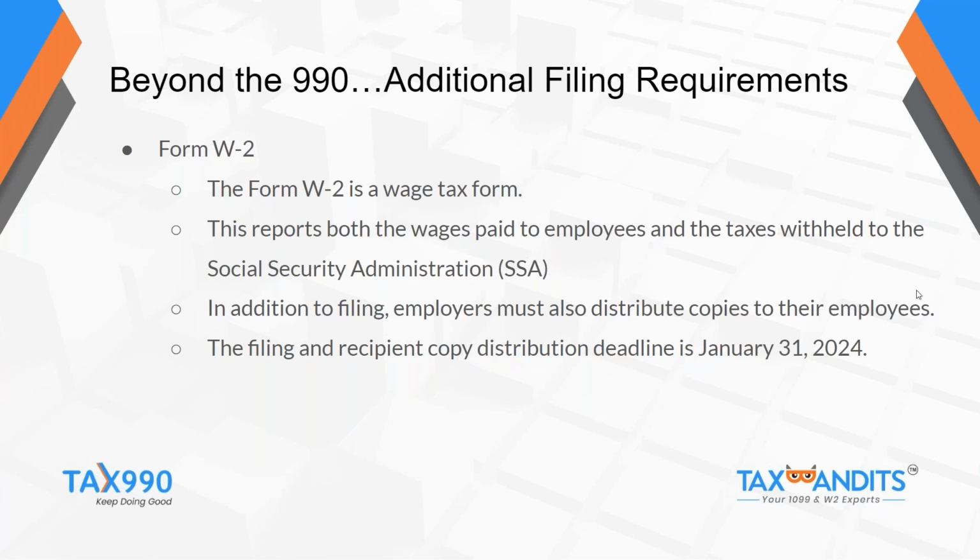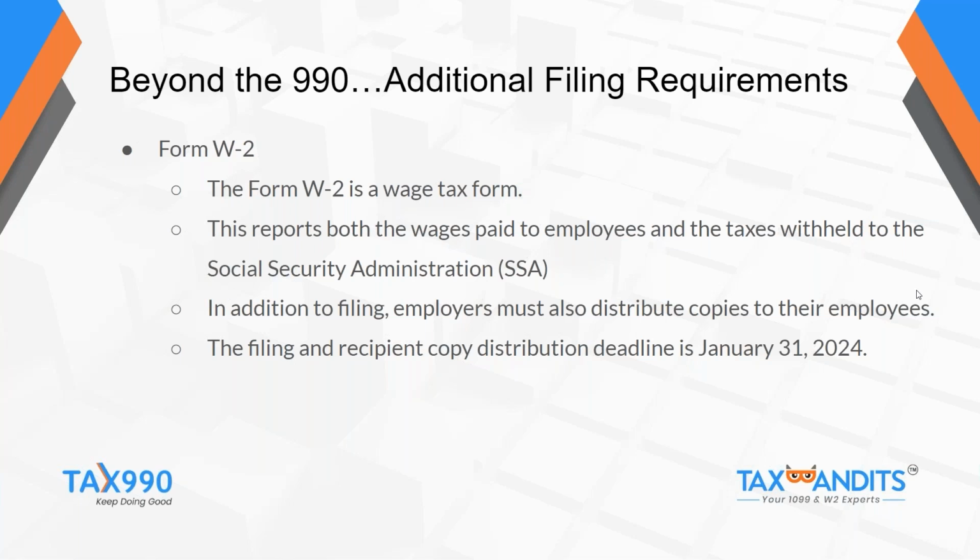I'll begin by going over Form W-2, since for most of us, it's the most common form that we encounter. Form W-2 is a wage tax form. It reports the wages paid to employees and the taxes withheld to the Social Security Administration, or SSA.